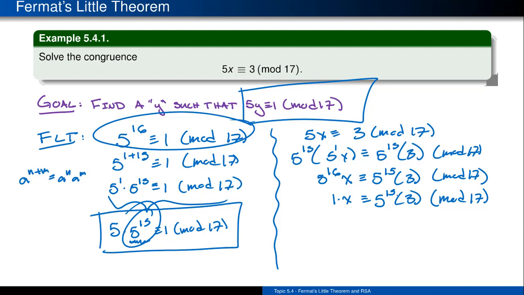You can see that the right-hand side of this expression is pretty gross looking. The left-hand side simply says an x. And then that right-hand side is going to be some pretty big number. If you actually go ahead and try to compute 5 to the 15th power, depending on the calculator you're working with, you might get some gigantic exponential notation because it's going to be a huge number. So what's going to happen is that if you take that gigantic number and reduce it modulo 17, it is in fact going to kick out a 4, which is what you're hoping to see.